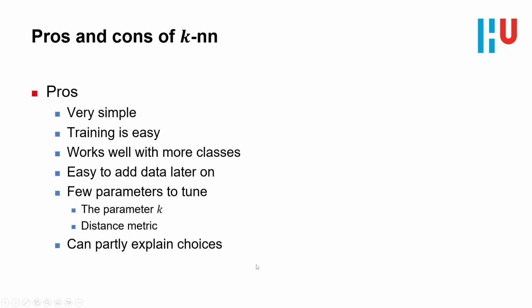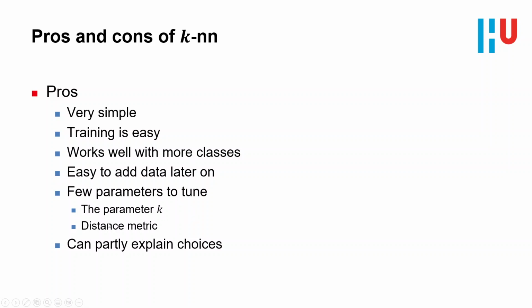Well, we're almost at the end of the movie about KNN. So some pros and cons of KNN. It's very simple. There's no higher math involved. It's really intuitively understandable. It's easy. Training is easy. It works well with more classes. It's easy to add data later on.